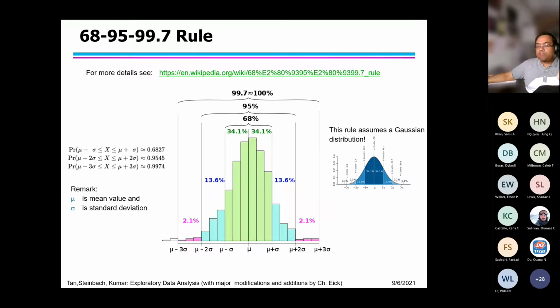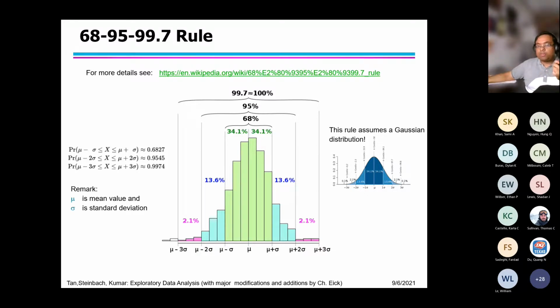Be very careful, because in the real world, if you collect data and sample it correctly, it might look Gaussian, it might be distributed normally.